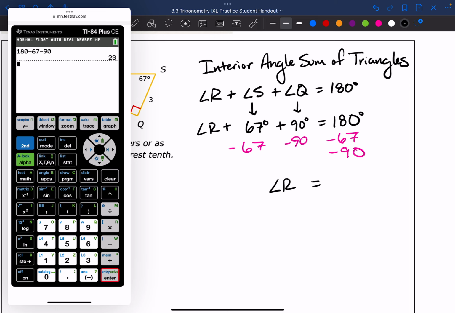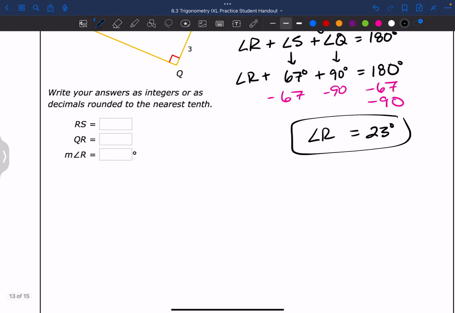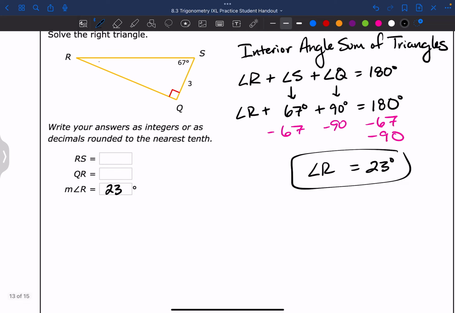Boom. I figure out that angle R is actually 23 degrees. So right away, I know this is 23 degrees.